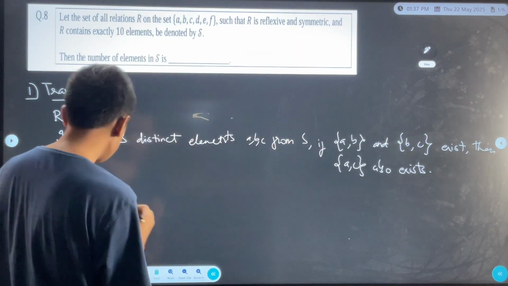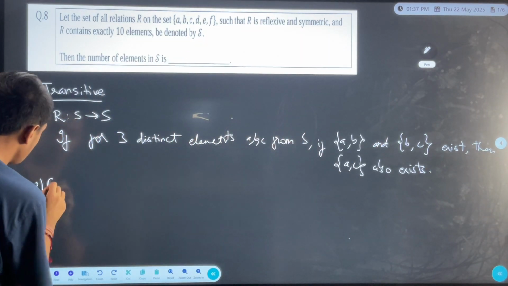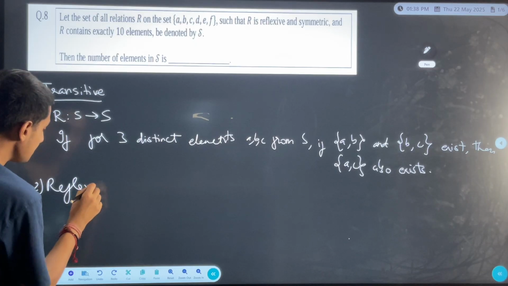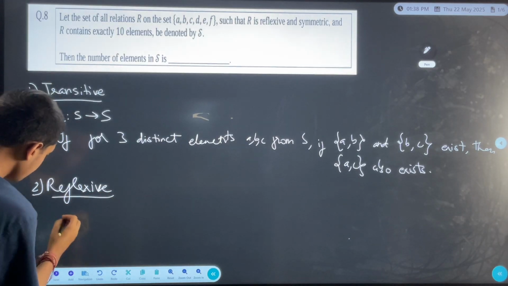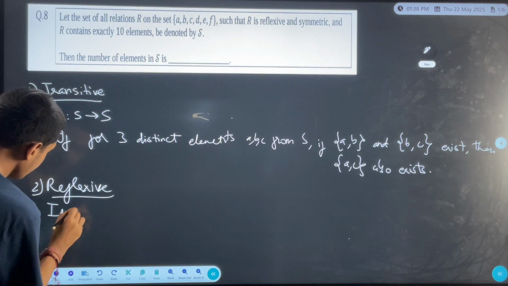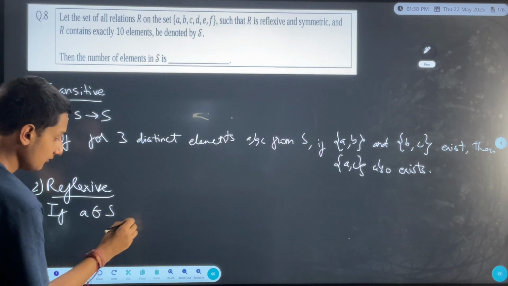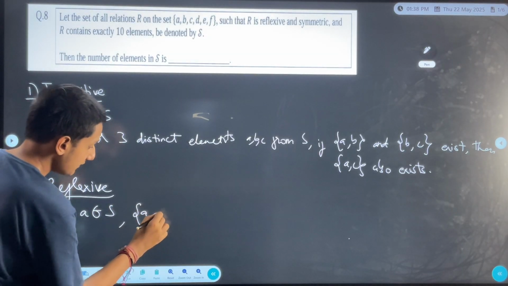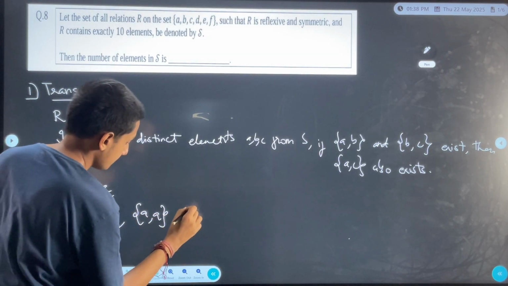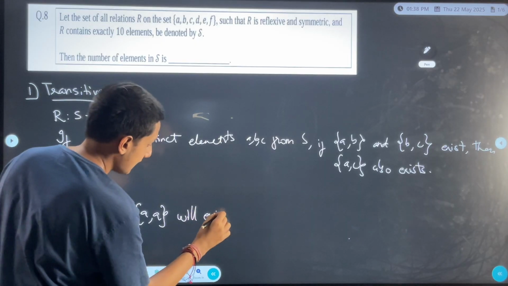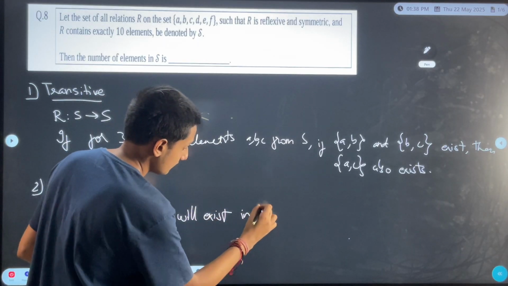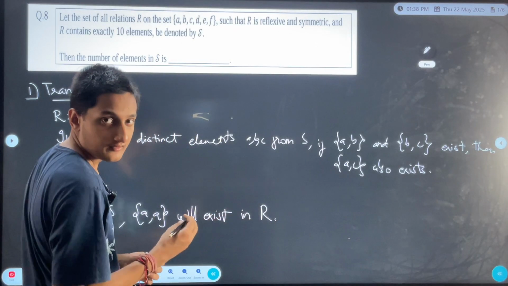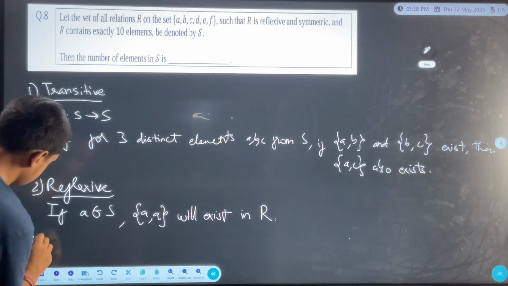The next one is reflexive. Reflexive relation is basically a self mapping. That is, if an element A belongs to the set S, then the element A comma A will exist in the relation R. Alright, the third one is symmetric.